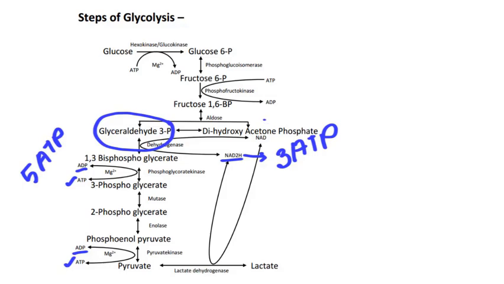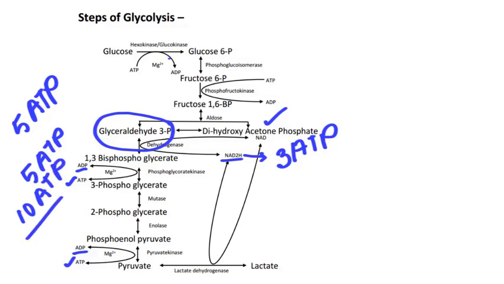Here, as this dihydroxyacetone phosphate follows this pathway, it also makes 5 ATP. So totally 10 ATP is produced in aerobic glycolysis. But in the first and third step we can see 2 ATP is used. So net ATP production is 8 ATP in aerobic glycolysis.